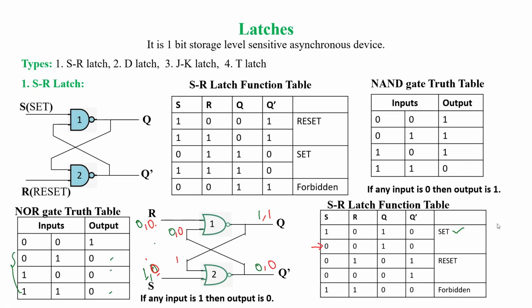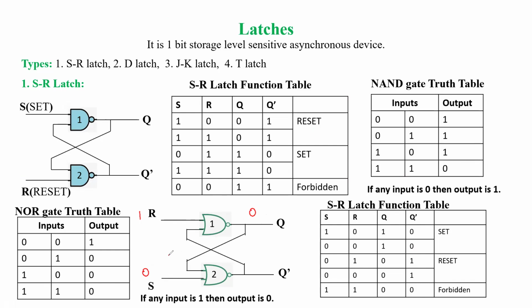Similarly, we can see the reset condition also. In the reset condition, we take S as 0 and R as 1. Now, which NOR gate output can we predict? The one where one input is 1. So for NOR gate 1, we can predict that the output is 0.